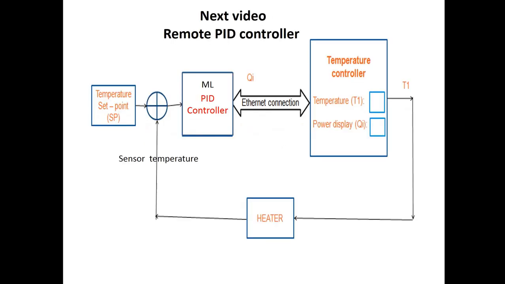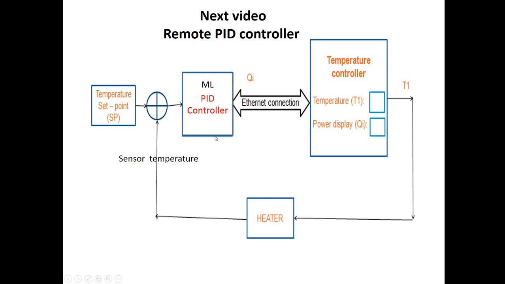So in the next video we'll be building a remote PID controller. That means suppose you are keeping this PID controller in a far off place in industry, and a temperature controller is having an Ethernet connection. The controller is sitting far off, so there is an Ethernet connection, and this entire thing will be in a PC which runs all these algorithms.